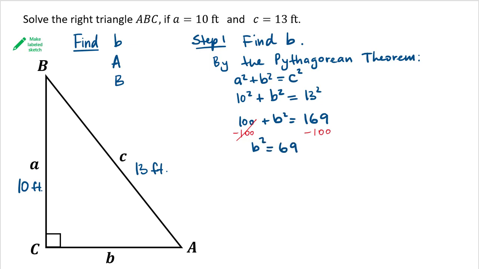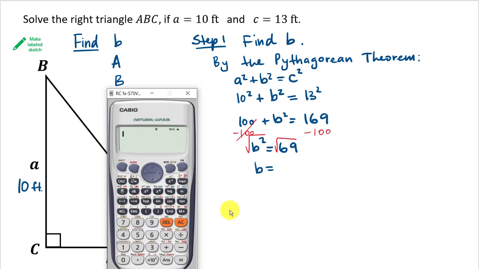And to find b itself, we'll have to take the square root on each side. Since b represents the length of a side of the triangle, it's going to take a positive value. But since 69 is not a perfect square, let's use a calculator to approximate the value of b. Square root of 69 equals, and on this calculator to change from the exact answer to the decimal approximation, I need to press this button here, and that's what we get.